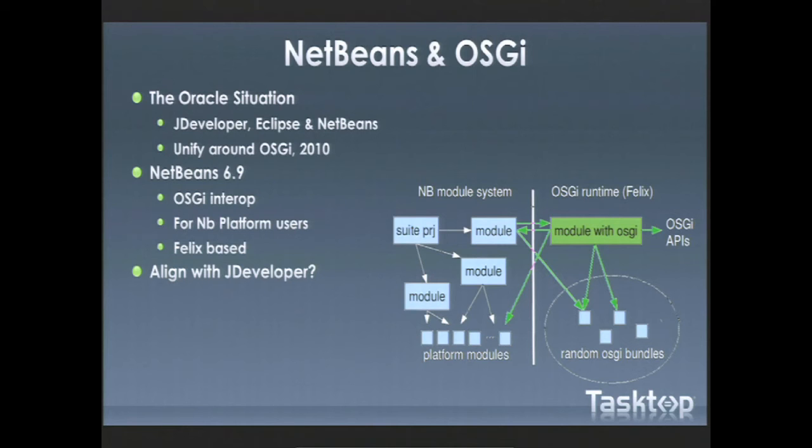Basically, if you know OSGi, there is a support for boot delegation. So each bundle can basically say that certain classes should be loaded from the application class loader, from the boot class path, basically. So I was reusing this.